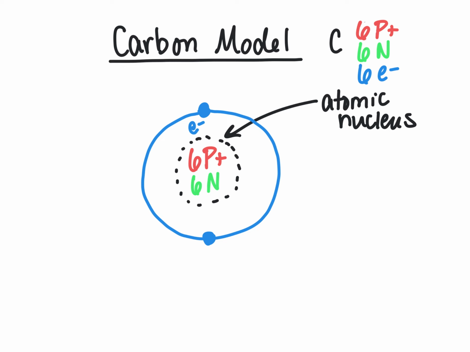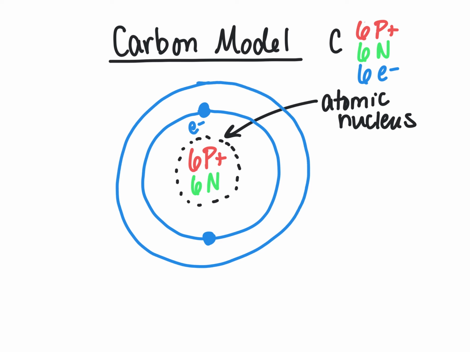But we've only placed 2 electrons, so we have 4 more electrons that need somewhere to go. So we can add a second orbital and put those 4 remaining electrons in the second orbital. So now we've got a total of 6 electrons in our 2 electron orbitals.